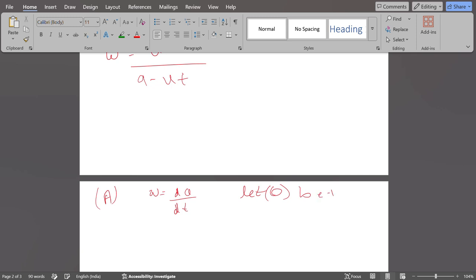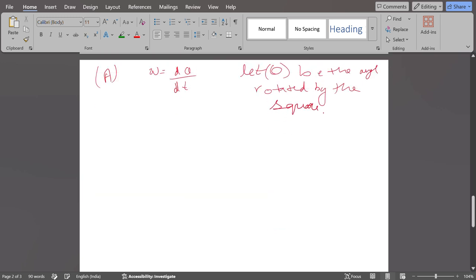So d theta equals omega dt. Omega we have calculated: d theta equals v upon a minus vt dt.